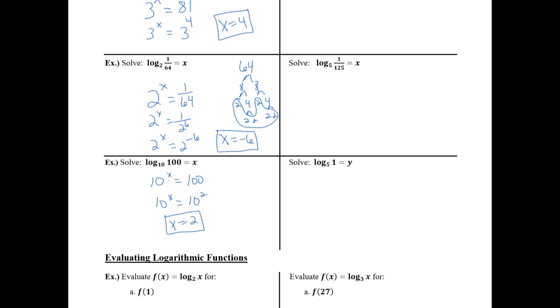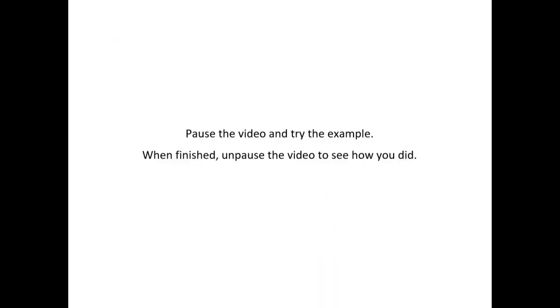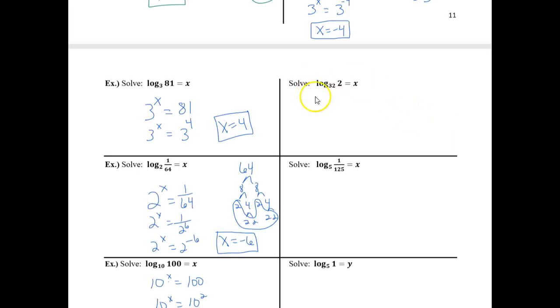Go ahead and try the 3 examples on the right. The last one you may have to think about. First example on the right hand side, log base 32 of 2 equals x.